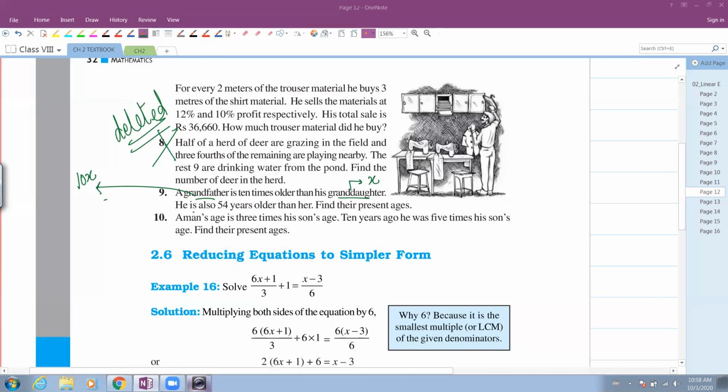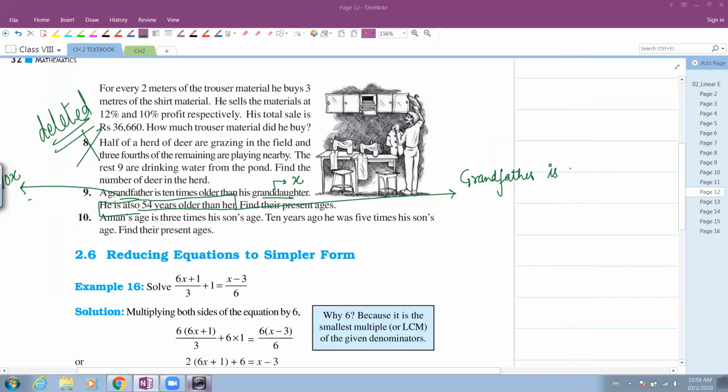After that, they are saying he is also 54 years older than her. Now, this is the statement we are going to use to form the equation. This is what they are saying about the granddaughter and the grandfather. So how would you write this mathematically? This is the only thing you want to understand here.